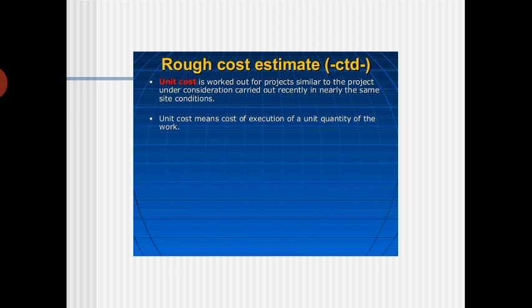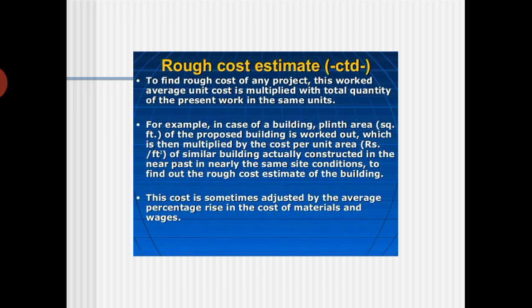Unit cost means the cost of the execution of a unit quantity of the work. Here we are considering unit quantity, how much the price will be, and based on that we are doing it. To find out the rough cost of any project, the average unit cost is multiplied by the total quantity of the present work of the same units.